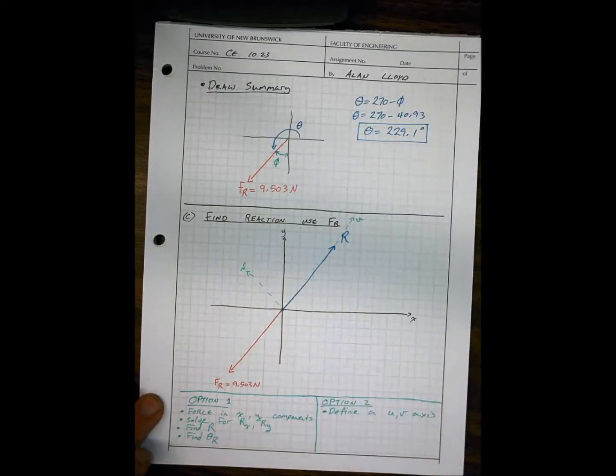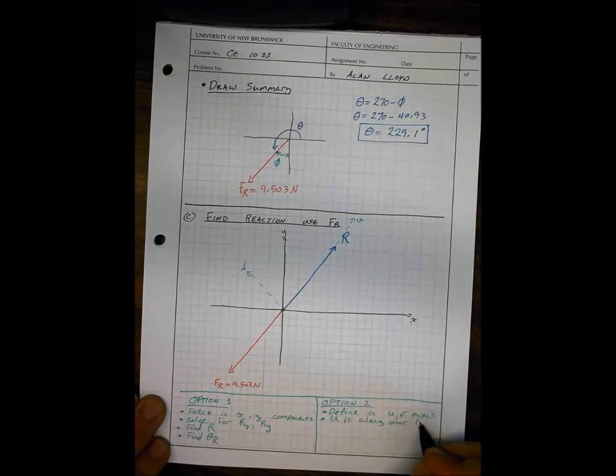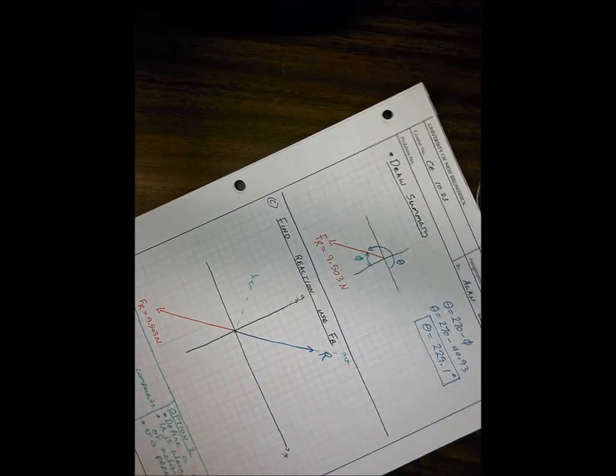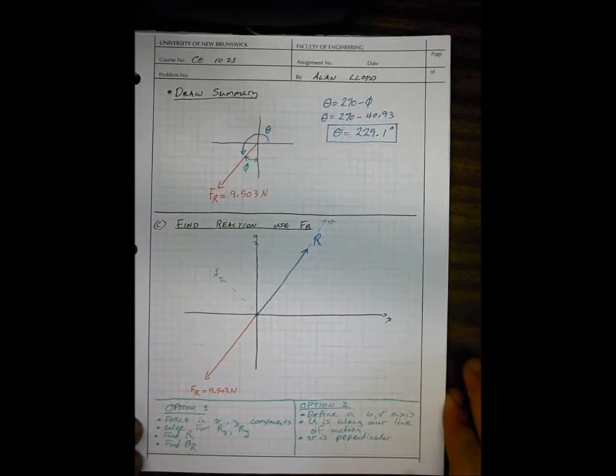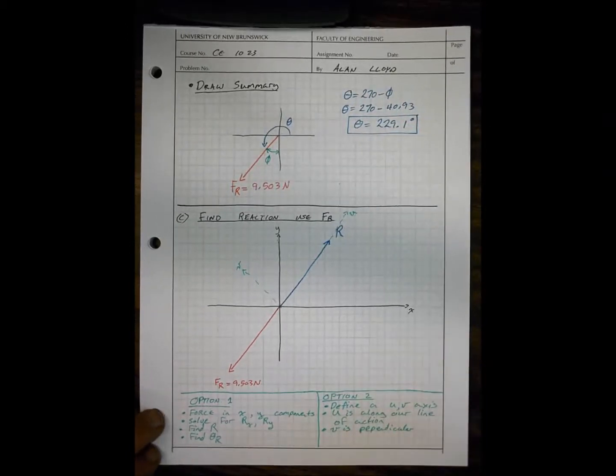And the U and V axes are such that U is along our line of action, and V is perpendicular. And we're allowed to do that. There's nothing stopping us from essentially just rotating our paper and drawing this as an XY system, except for now we're going to call it a UV system. You'll often hear that we're allowed to define our own axes, and that's exactly what we're going to do here.